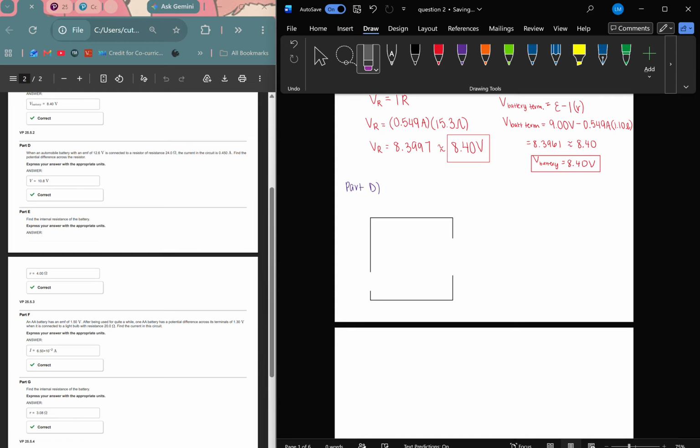We're going to need the big R, the small R, the internal resistor, and the resistor. And the battery, we can add up here, and the current up here. So let's do that. I'm just going to use a random color.